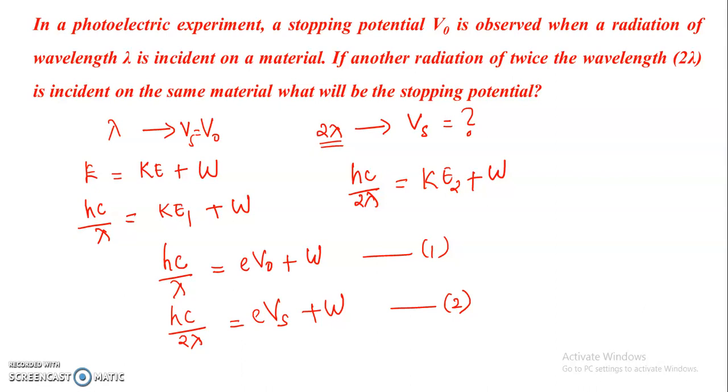Now we can subtract equation 2 from equation 1. Subtracting equation 2 from equation 1, we obtain hc by lambda minus hc by 2 lambda equal to E V0 minus E Vs plus W minus W. The work function will cancel.